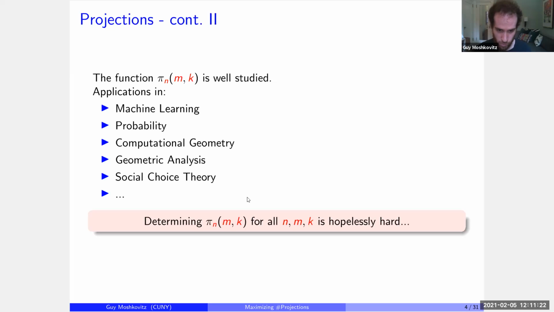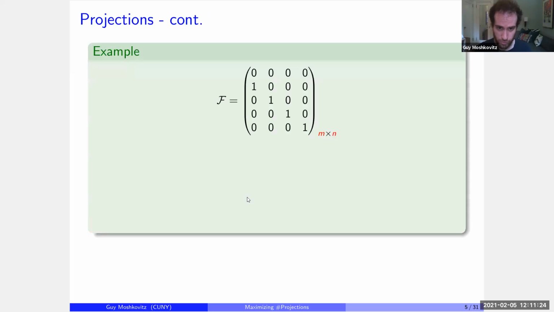But just a moment before that, let me give you another example just to solidify a certain point. Suppose that this is your f. So this f has 5 sets: the empty set, the singleton 1, the singleton 2, the singleton 3, the singleton 4. Okay, so it has m rows, one for each set in f, and n columns, one for each element of the universe.